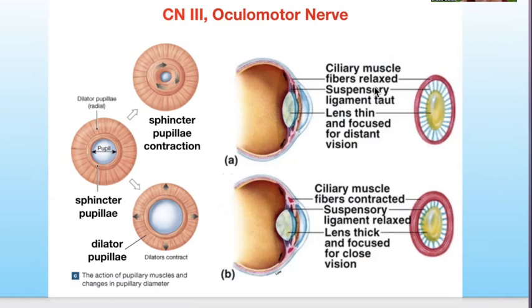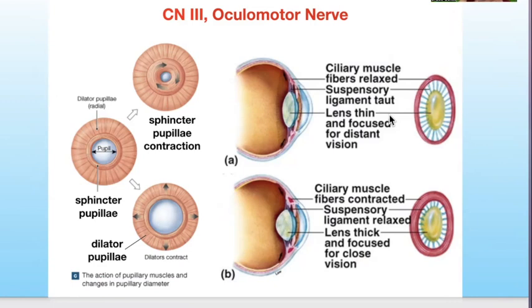Okay, now the ciliary muscle is a muscle that surrounds the lens of the eye, and the lens of the eye helps us focus. So the lens needs to have different shapes depending on whether we're using our far vision or our near vision.